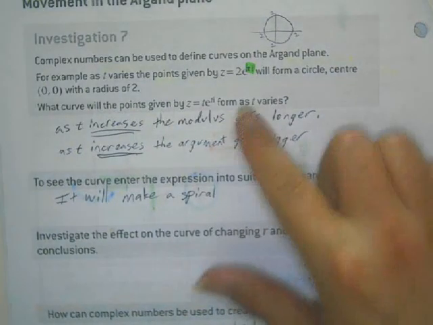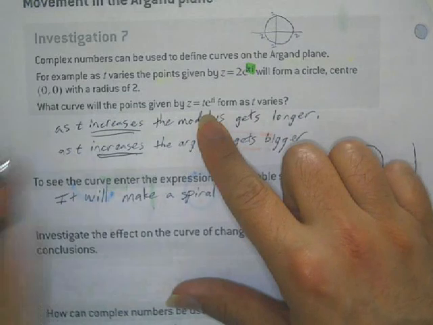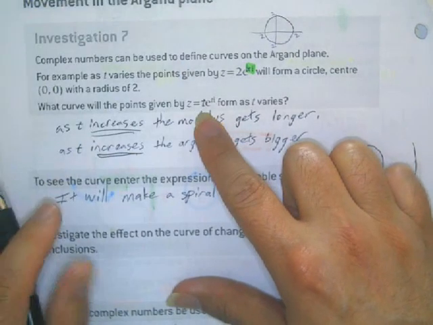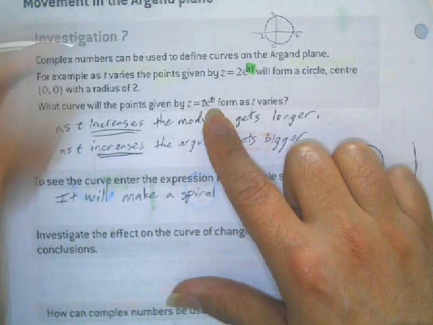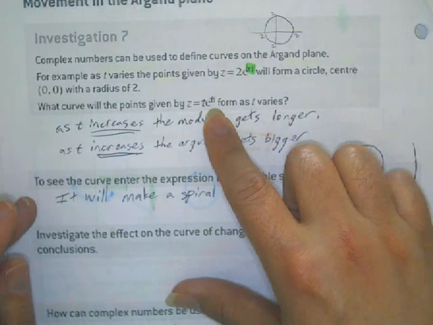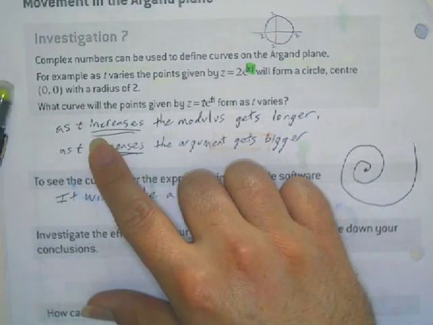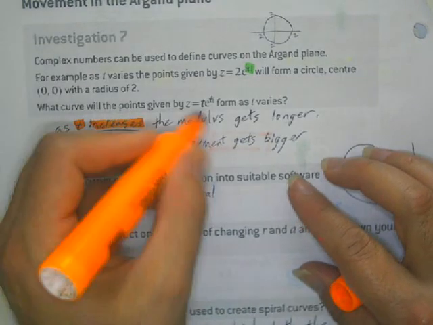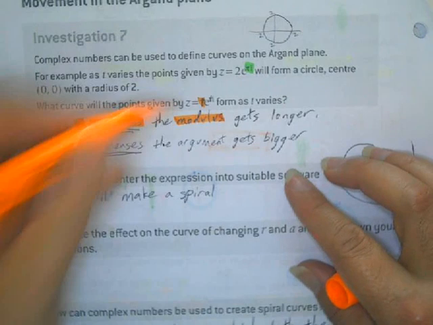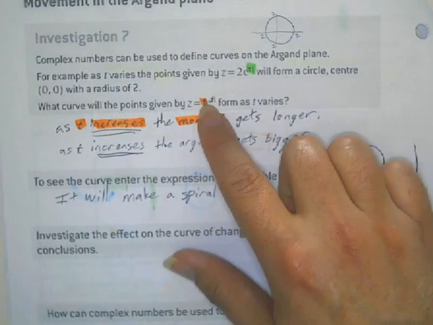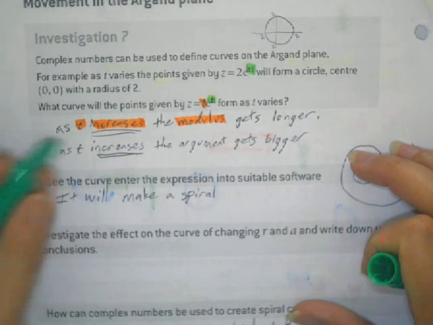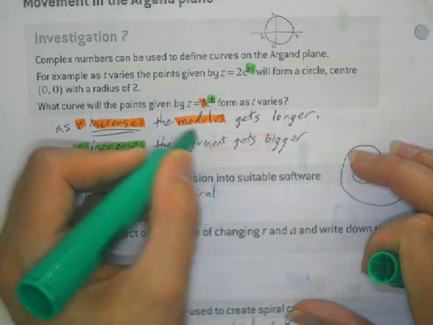But what if the modulus is changing and the argument is changing? Here, as t increases, the modulus is going to get bigger, and up here, as t increases, the argument's going to get bigger too.